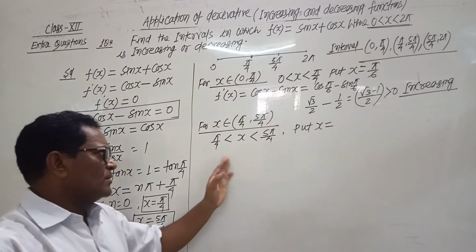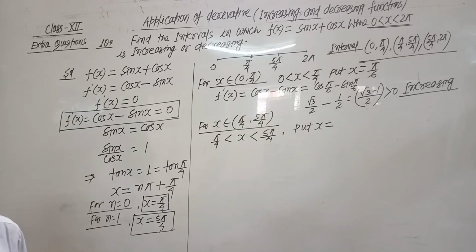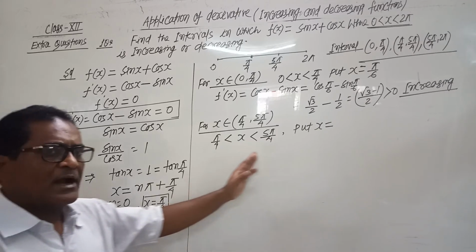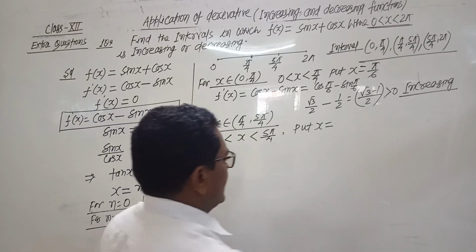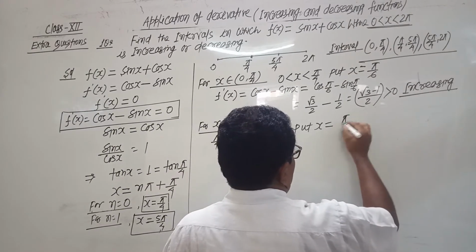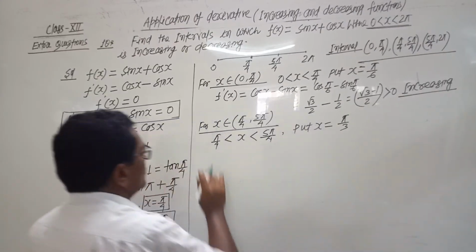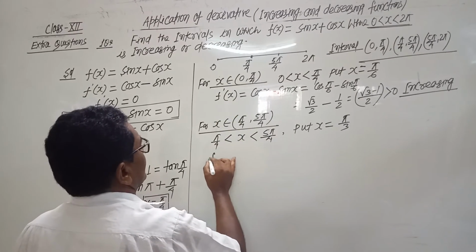So pi by 4 means 45 degree and 5 pi by 4 means 225 degree. So let us take any value lying between pi by 4 and 5 pi by 4. We can take 60 degree, which means pi by 3, and put the value in f dash x.